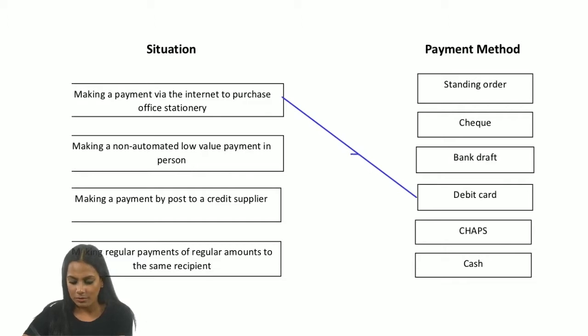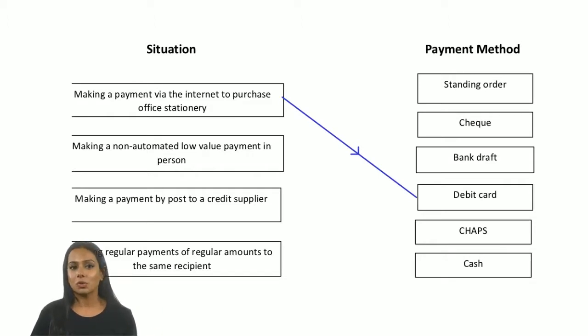So I'm going to grab a ruler and then point an arrow to show stationery to debit card. In the exam, you are going to be dealing with an actual software. So what you would do is click on the situation to the payment method and there will be an automatic line drawn to connect the two. And if you've changed your mind, then you unclick the box and that will take away the line.